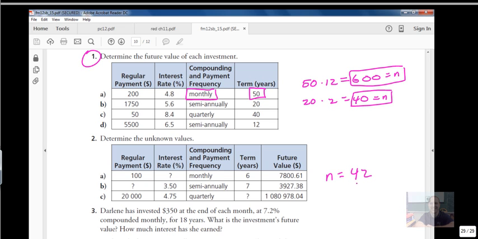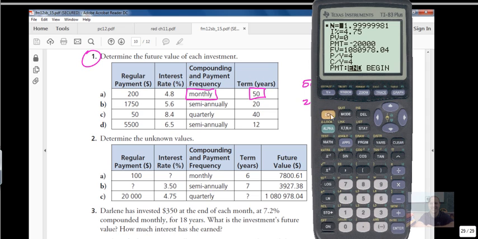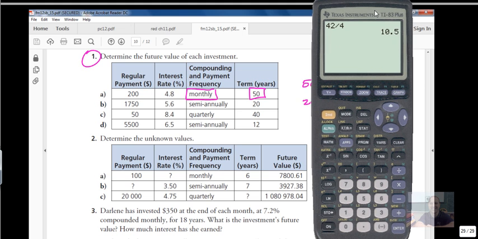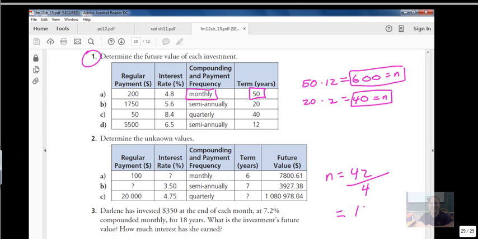So if you have 42 payments and you divide that by 4, that is how many years? Just going to quit to get to the home screen. 42 divided by 4 is 10.5. So this happens in 10.5 years.